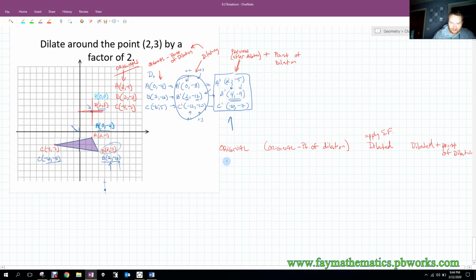So let's, for example, say we're going to dilate by a scale factor of 3. I'll do a series of points here, but let's dilate around the point called P, our point of dilation.